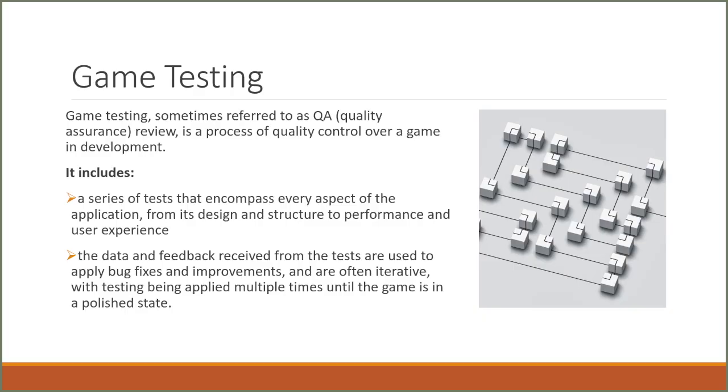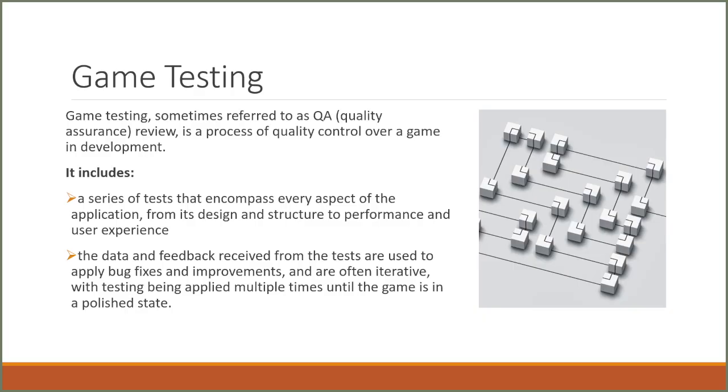It includes a series of tests that encompass every aspect of the application from its design and structure to performance and user experience. We use the data and feedback from those tests for bug fixes and improvements in general. And this is an iterative process.